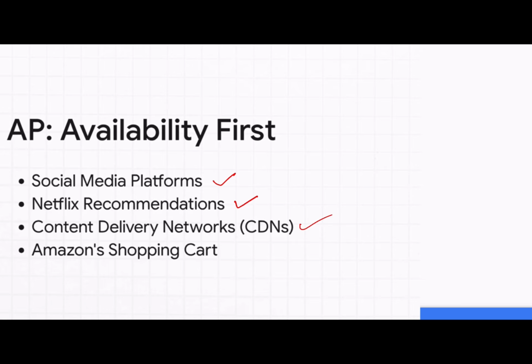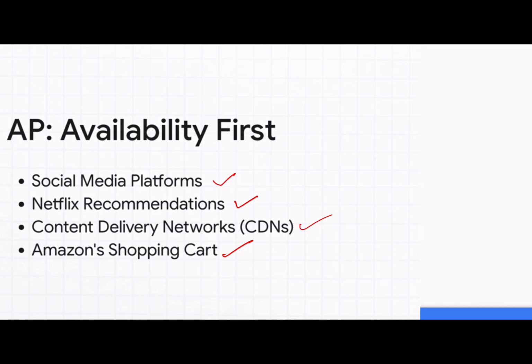It is not important to have the latest blog, but it is important that the application is online all the time. Amazon shopping cart, if there is a new product release, it is not important that all users can see it. It is important that the Amazon application is up and running and live all the time.